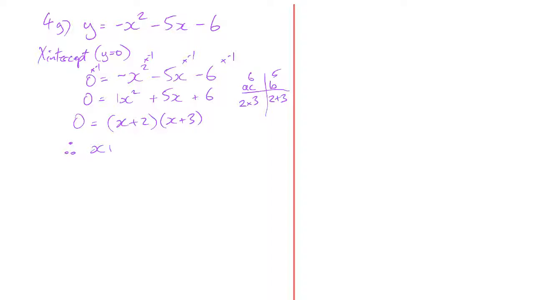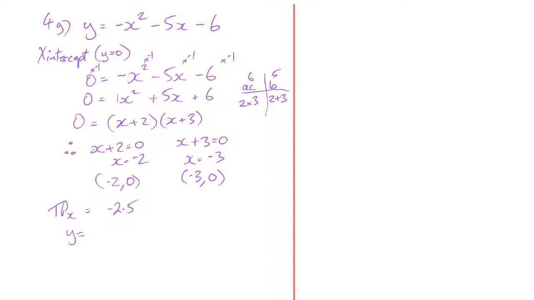Therefore x plus 2 equals 0, x equals -2, x plus 3 equals 0, x equals -3. So there's one point, -2, 0. The other point, -3, 0. That tells me my turning point of x is halfway between that, which is -2.5.